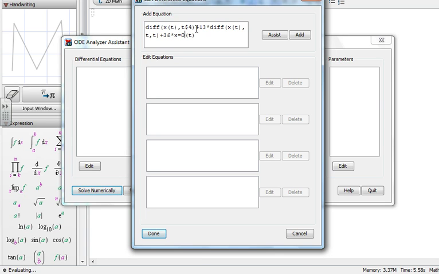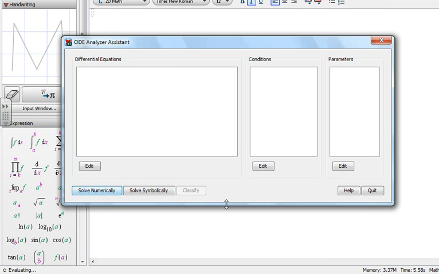Oh, bummer, I put it in the wrong spot. Equals 0. Okay, done. It almost went away. I thought I didn't have it.